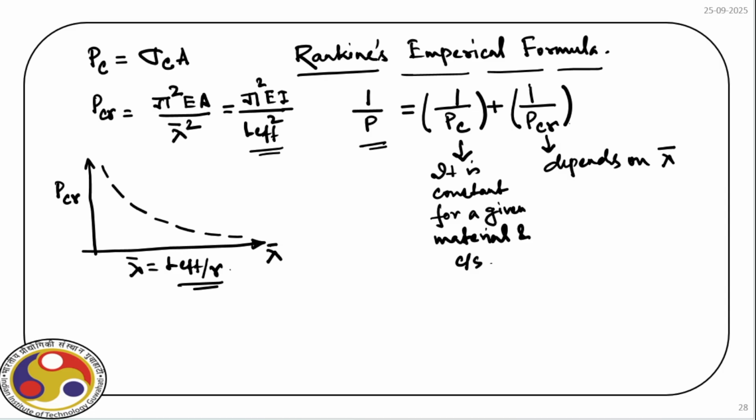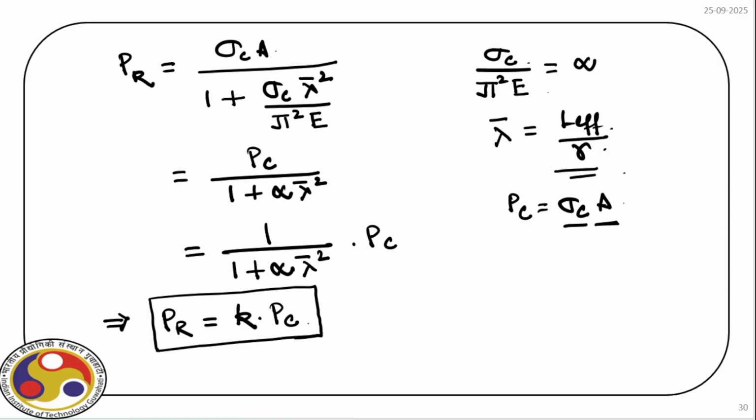And the advantage of this Rankine's formula is what is shown here: you evaluate the compressive strength of the column Pc from the material property sigma c and the cross-sectional area, and then multiply that by a factor which is normally recommended in the code. It is 1 by 1 plus alpha times lambda bar square.